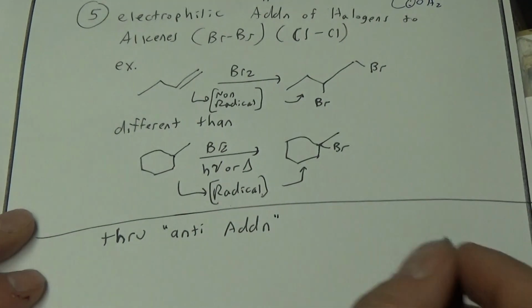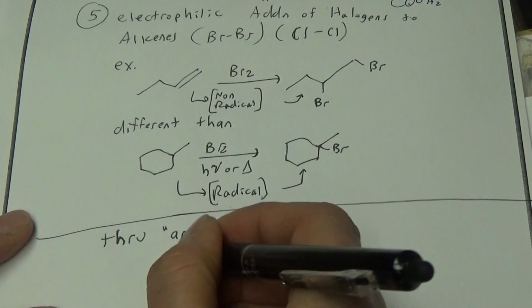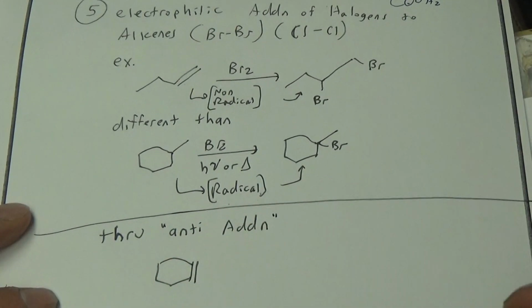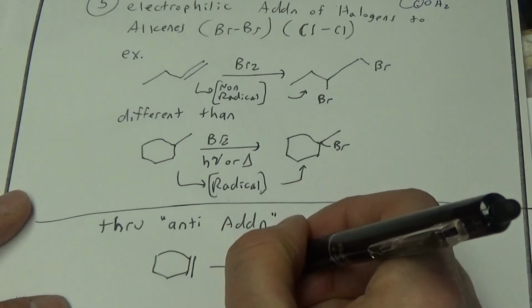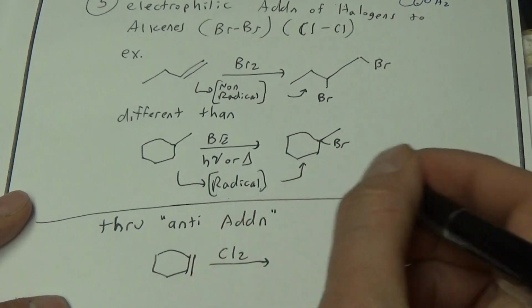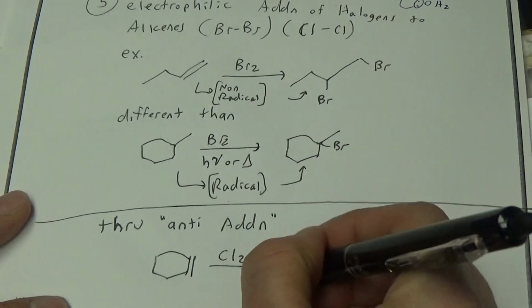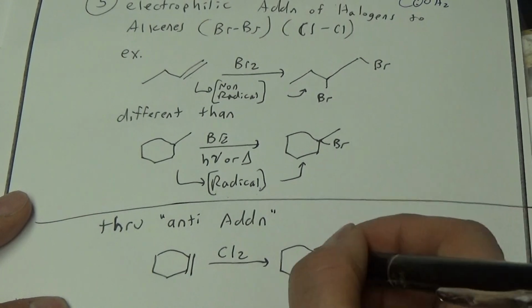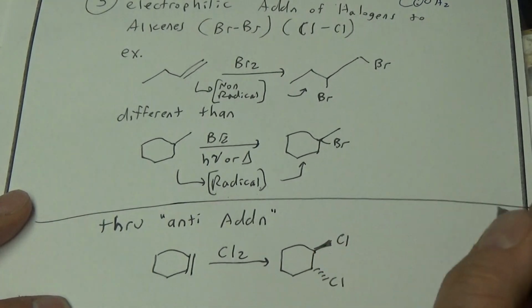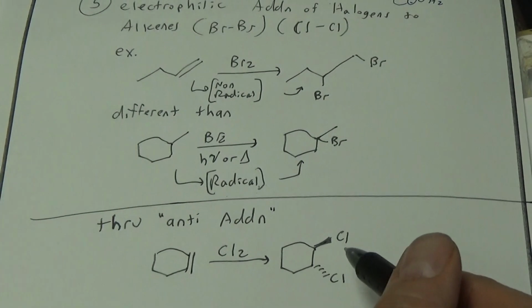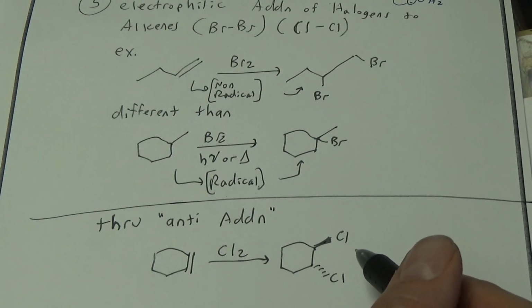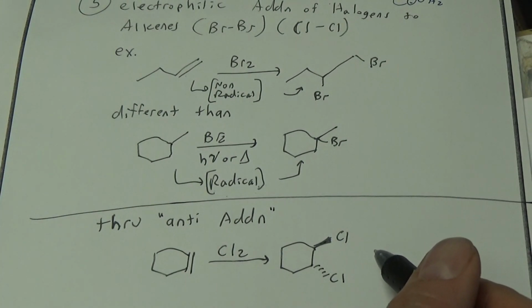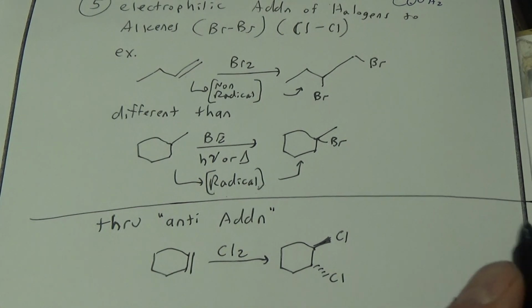So there's a little bit of a stereochemistry thing going on, and you can see that if I do cyclohexene and I do Br2, or I'll do Cl2 this time. Anti-addition is going to put one halogen one direction, the other direction, and that's going to be dictated by the mechanism. Okay. All right. So, what is the mechanism?